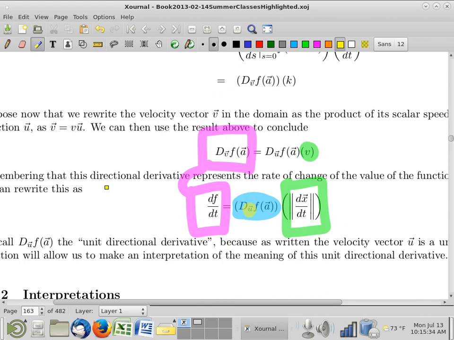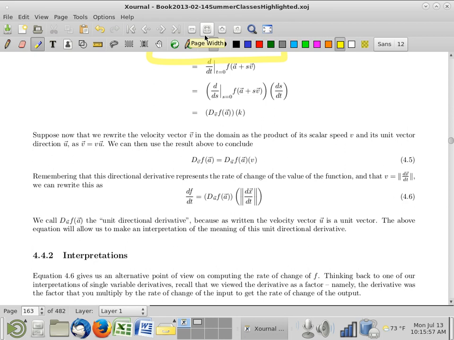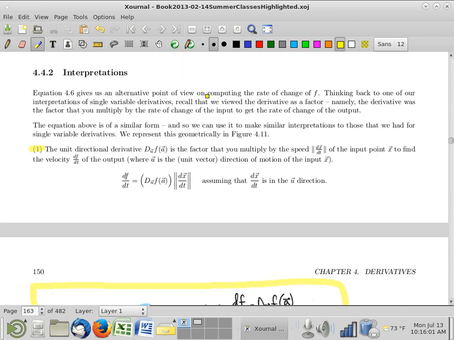Here, I've recovered the factor concept. And this is a nice fact, the unit directional derivative is a factor that you multiply by input speed to get output velocity. The factor that relates input changes to output changes. Okay, so that's one of the nice things about the unit directional derivative, and I've written that down here in our initial interpretations of the unit directional derivative.